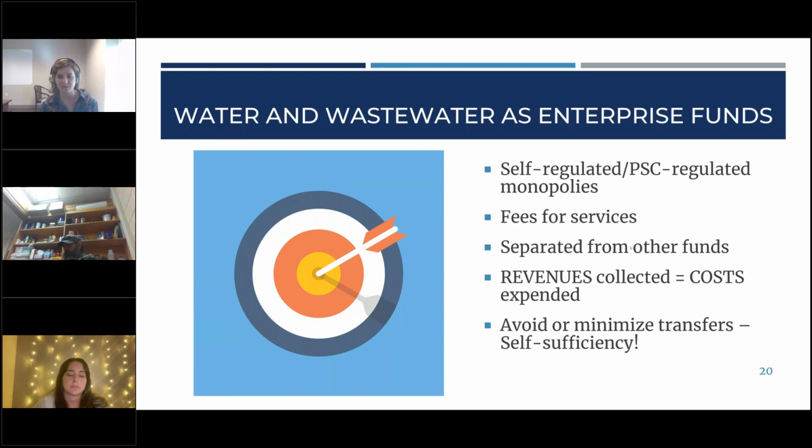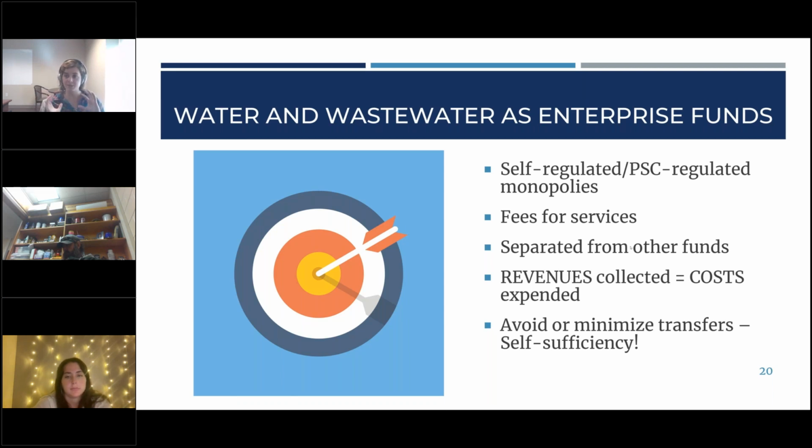Because we are an enterprise fund, the revenues that we collect should reflect the cost that we're paying to provide that service. It's that business model of basically cost of service. How much does it cost to provide that service? And can we make sure that our revenues match those costs? It's typically separated from other funds. An enterprise fund is not part of the general fund.